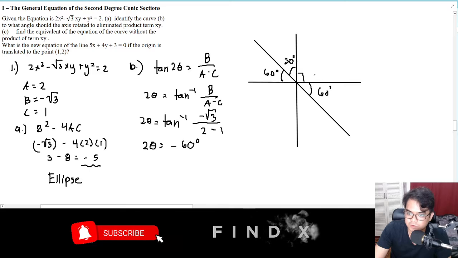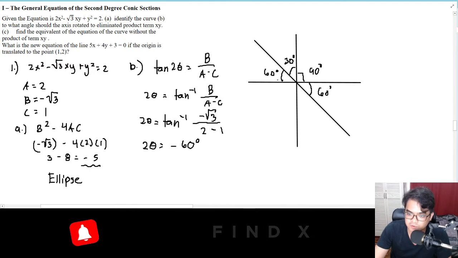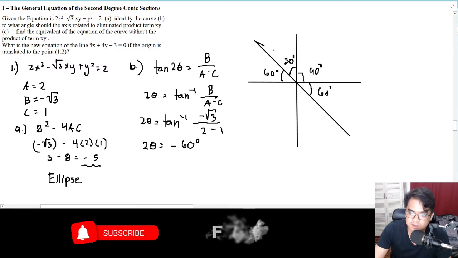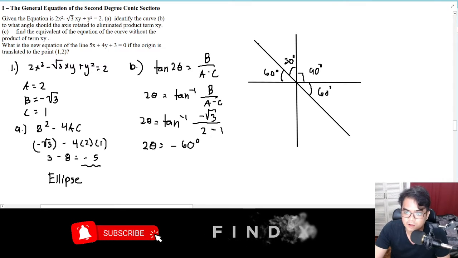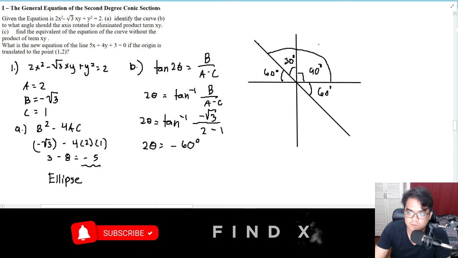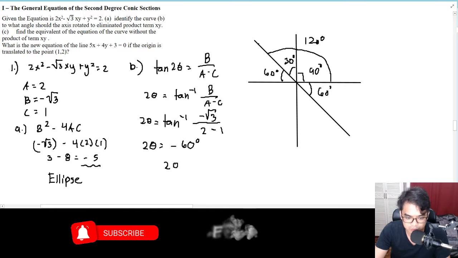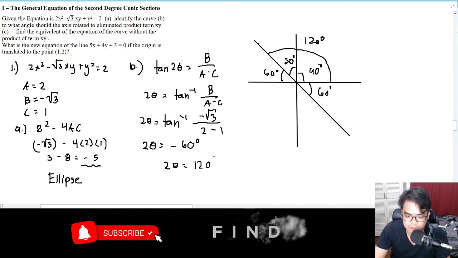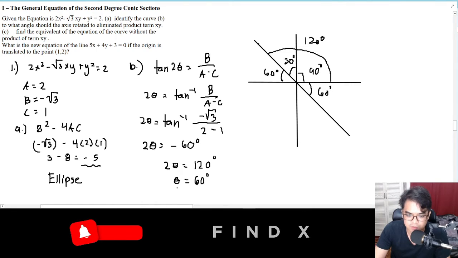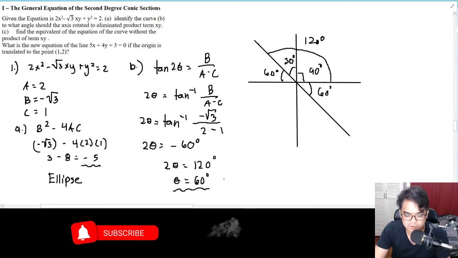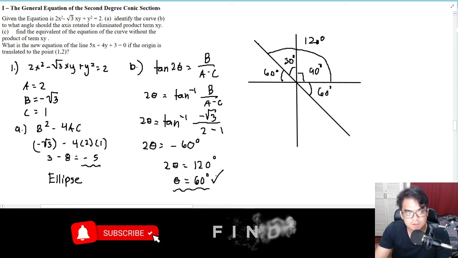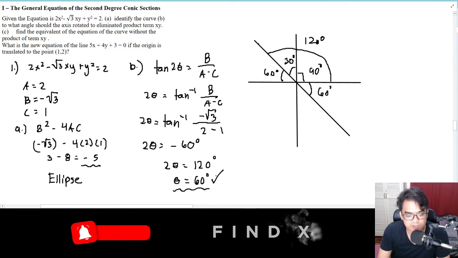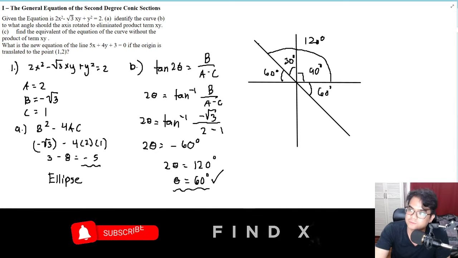So the mirrored angle of the negative 60 will be this angle, which is 90 plus 120, right? Therefore we can also say that 2 theta will be equal to 120 degrees, and then theta will be equal to 60 degrees. So this is the answer, 60 degrees. The angle of rotation will be 60 degrees.